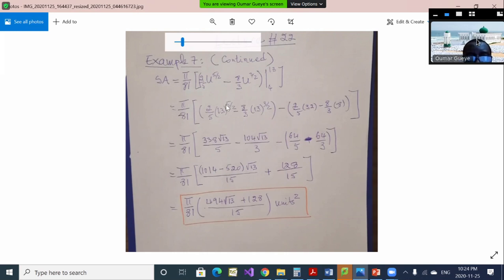And as we did for 145, so here when you calculate 13 to the power 5 by 2, it is just equal to root 13 to the power 5, which, so we just multiply by 2, becomes 338 root of 13.